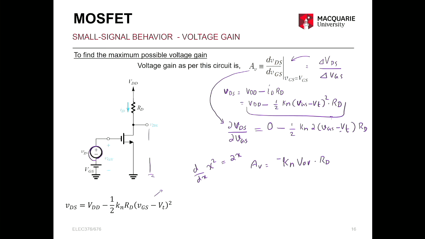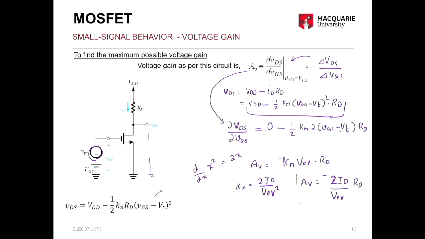Okay. And we know that Kn is 2ID divided by VOV square from our last slide. So you can replace Kn here. So AV is equal to negative 2ID, VOV in the numerator and VOV square in the denominator will give you VOV in the denominator, times RD.